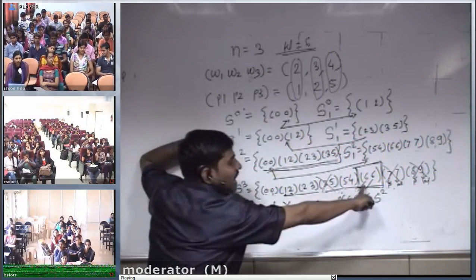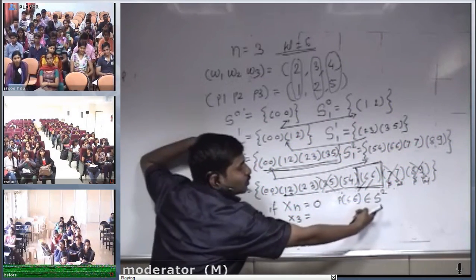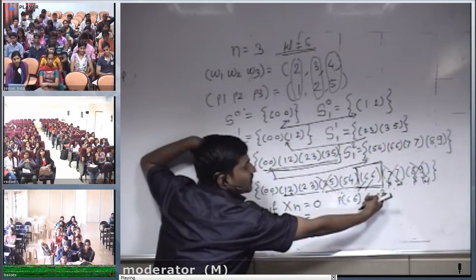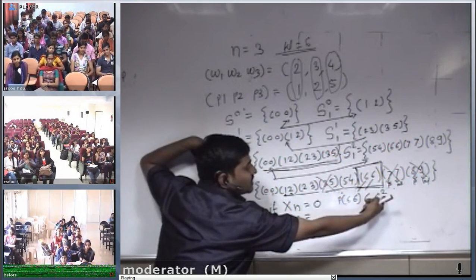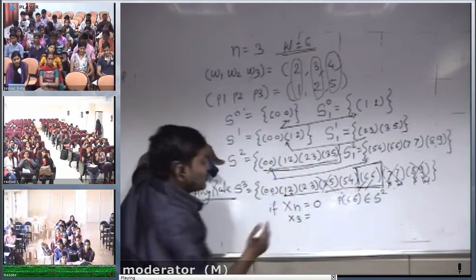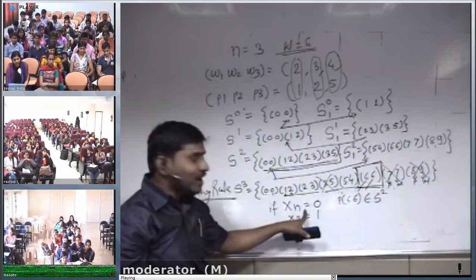Again, I check whether (6, 6) belongs to S(n minus 1). This is X3, so in which series do I look? S2. Does S2 contain this (6, 6)? No. So I put 1. If the condition is satisfied, then 0, else 1.